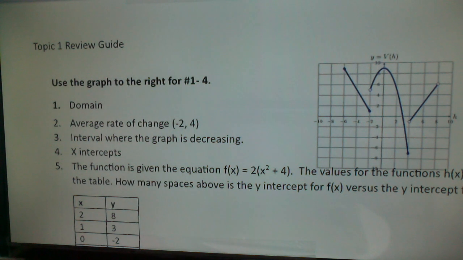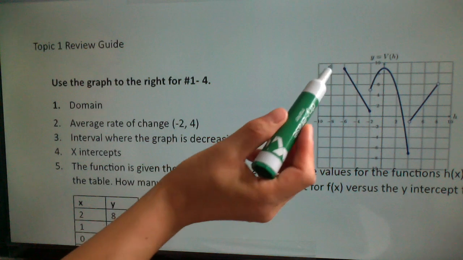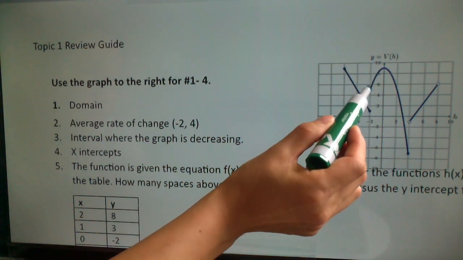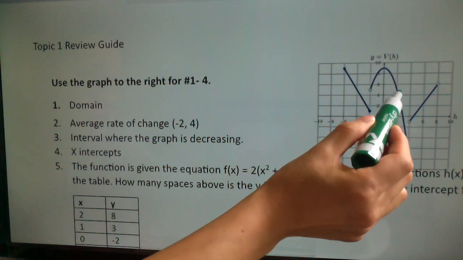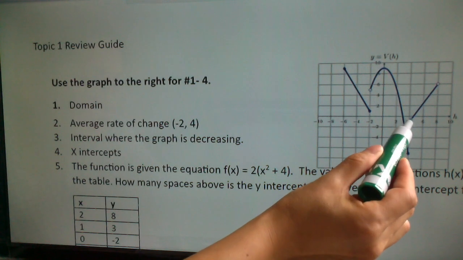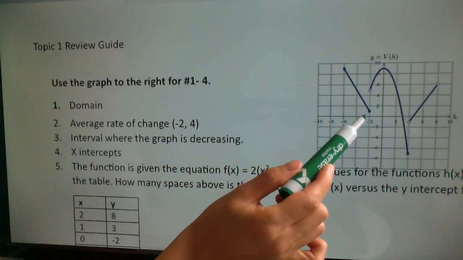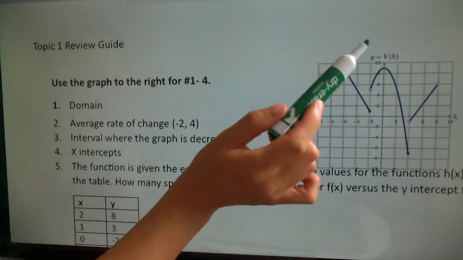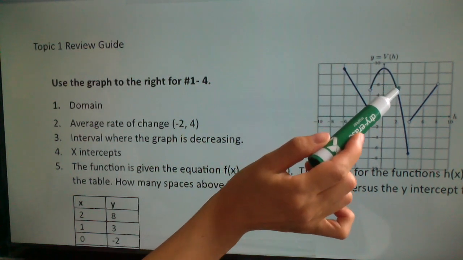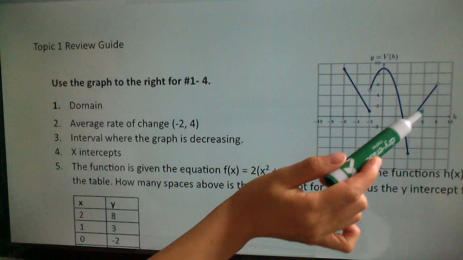We need to look at the y values. So if you look, going down, going up, down again, and it's going up again. So when it's going down means decreasing. Going up means increasing, going down, decreasing, increasing.